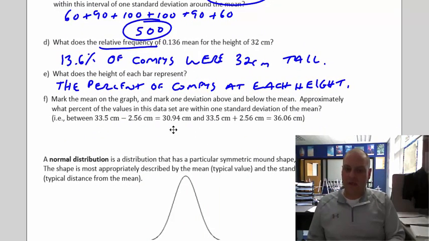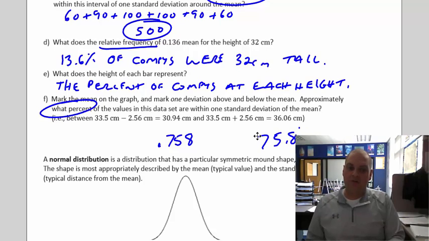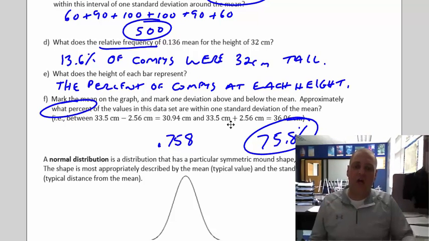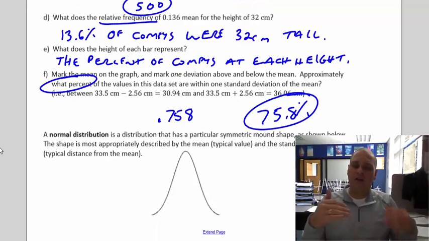It comes out to be 0.758. All right, so what percent? 75.8% of the copies are within one standard deviation of the mean. Now, I went slow there to give you an explanation. I'm going to go a little quicker now as we move through. So this just shows you a typical normal distribution is bell-shaped or mound-shaped.